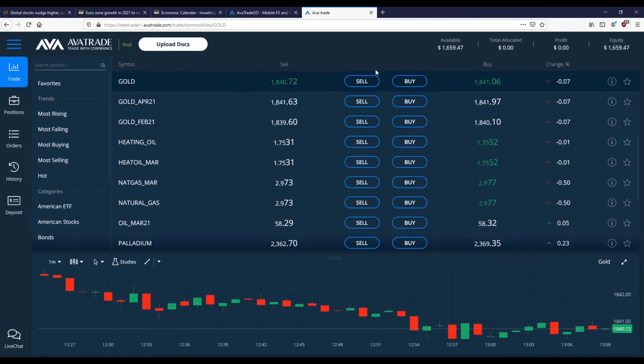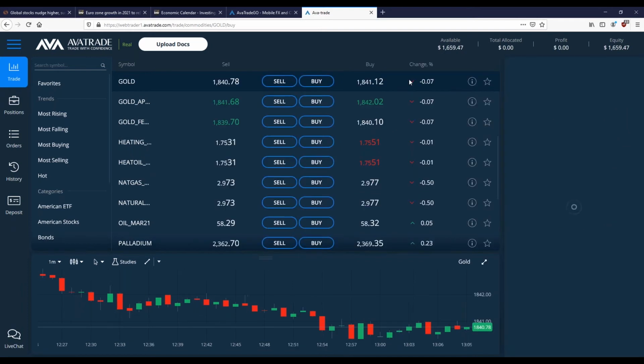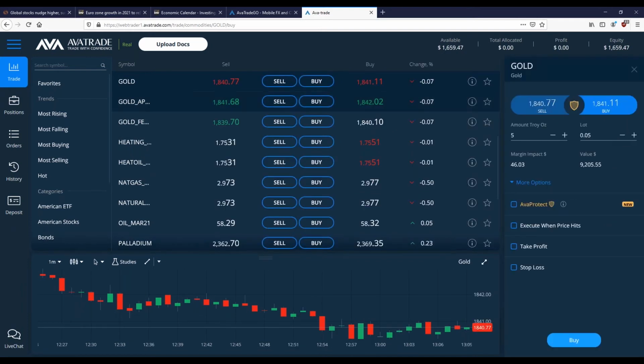You can bring up your instrument right away. If I'm buying or selling gold, let's say maybe I want to do 20 ounces. Maybe I think, okay, that's a good trade size, 20 ounces. It tells you how many ounces and what the lot size is. And here's my margin impact. So it's calculating my margin needs before I place the trade.